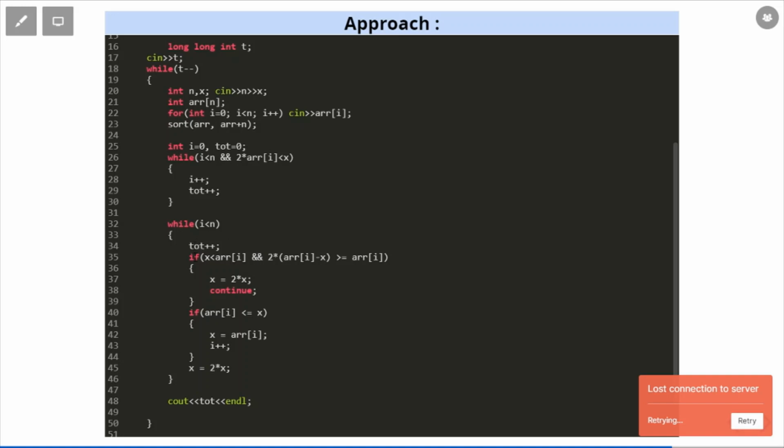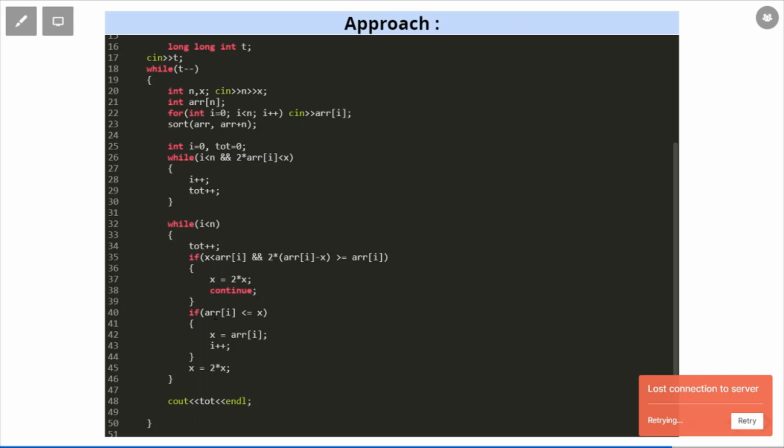Because if the country has a population which is greater than x and the remaining infected people is greater than or equal to array of i, then I'll simply double up the vaccines each and every day. Till the whole population is cured, I'll double up the vaccines and continue the loop.